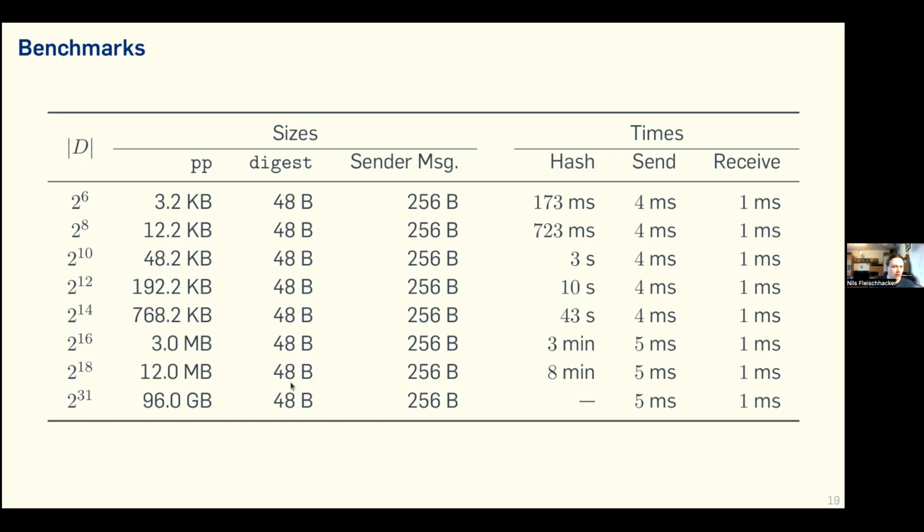We can do that, and then you have much smaller public parameters, and I don't have the table here right now, but in that case the digest grows with the size of the database, which contradicts the definition of being Laconic. In practice, it's probably what you would do if you want to use very large database sizes.